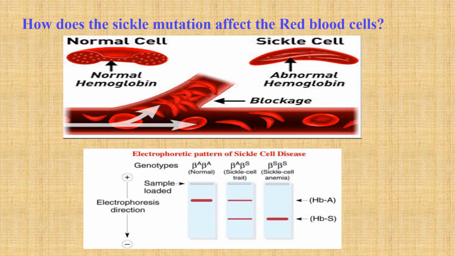So how does the sickle mutation affect the red blood cell? If we look at this red blood cell here, it has the normal hemoglobin, which is oval or spherical in shape, and it is flexible.